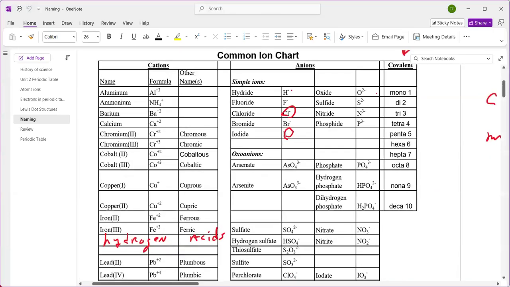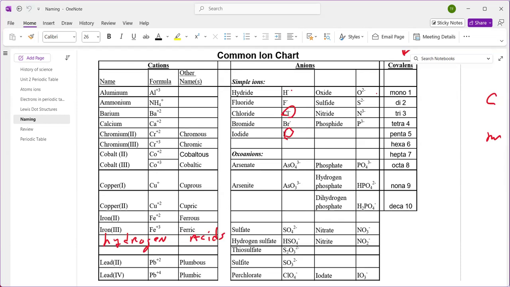As you remember, an ion can either be positively charged or negatively charged. Positively charged are called cations. There are two. Negative ions are called anions. Okay, so I've got the cations on the left, anions on the right.